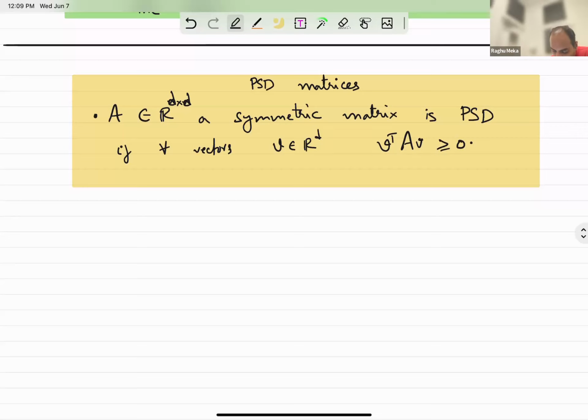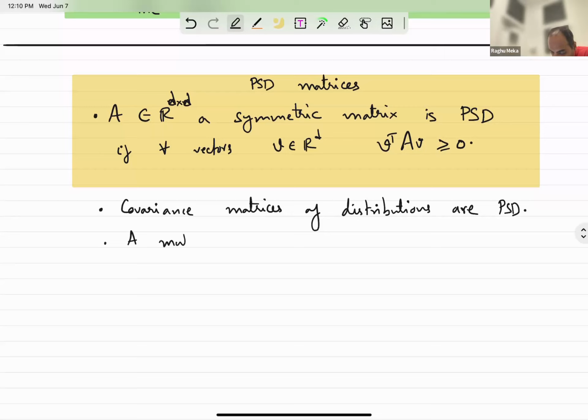And we said covariance matrices of distributions are PSD. And a multivariate Gaussian distribution is parametrized just by the PSD matrix.